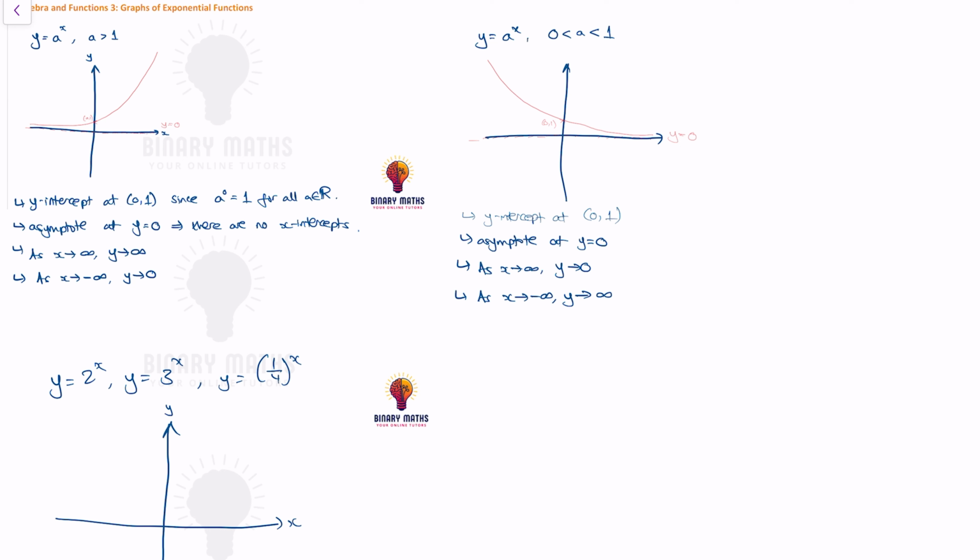So if I do the first one, which is y is equal to 2 to the x, again, it's closer and closer to 0, goes through 1, and then steep, so (0, 1). So y is equal to 2 to the x. Asymptote is at y equals 0.